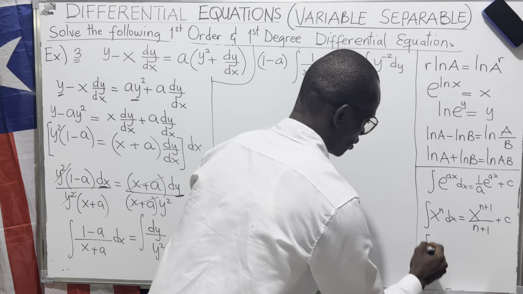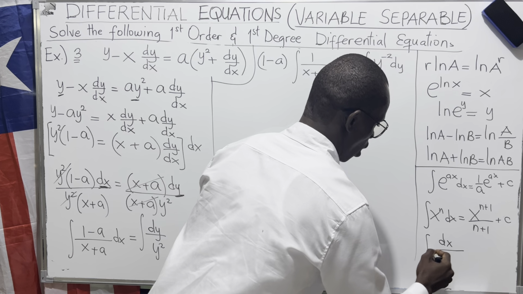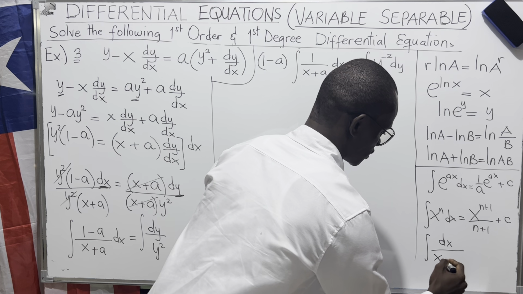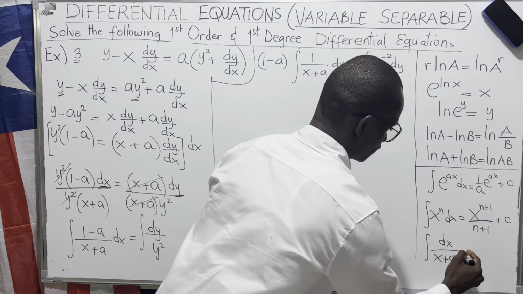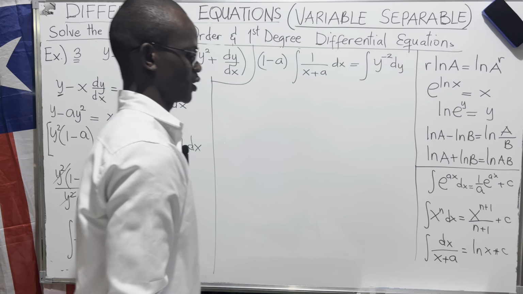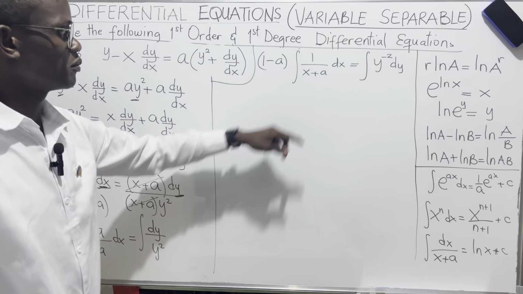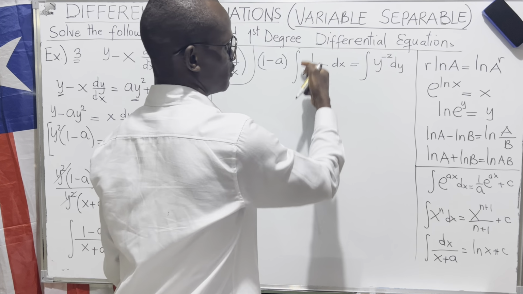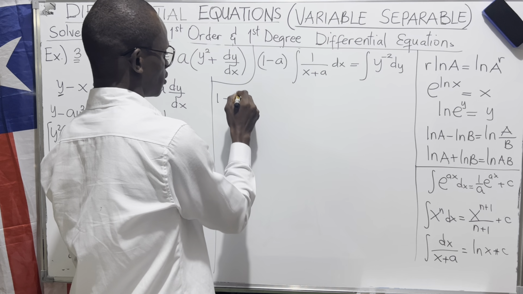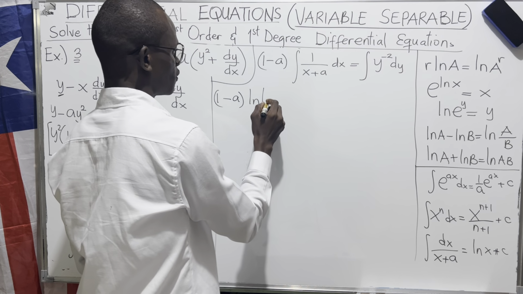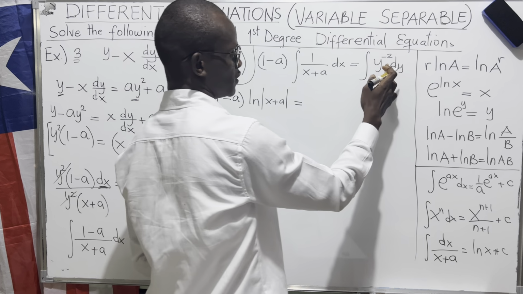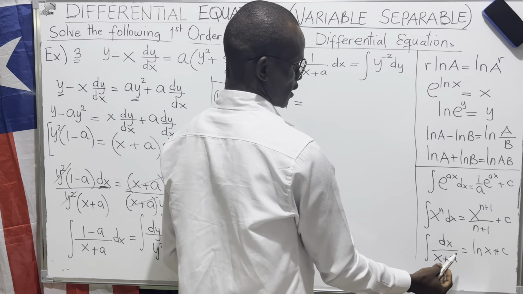Now we know that the integral of dx all over x plus some arbitrary constant is just equal to the ln of x plus that constant. This is a linear factor, so this becomes the ln of x plus a equals, now the integral of this one.